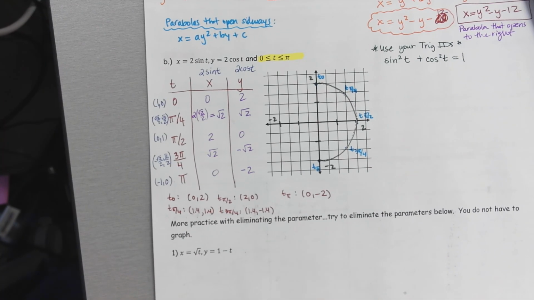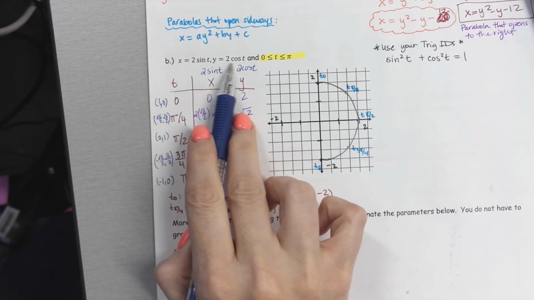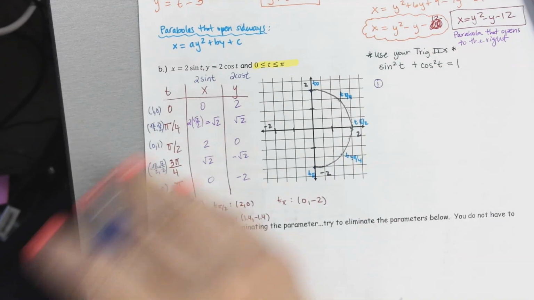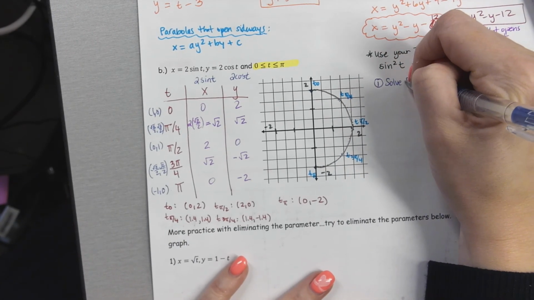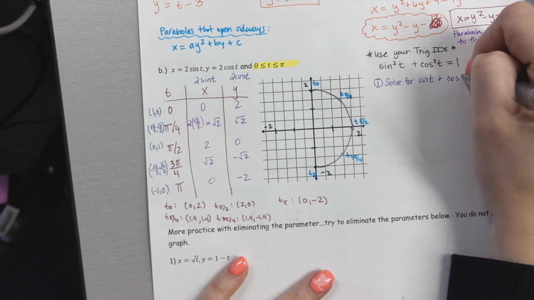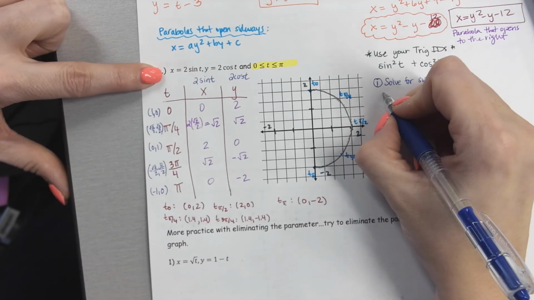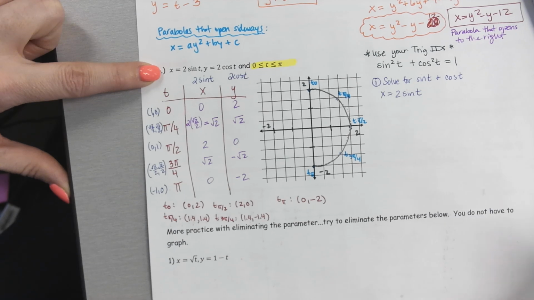Okay, and then what we're going to do is we're going to solve each of these for the sine of t and the cosine of t. So instead of just solving for t, you're solving for the sine of t. And then we'll do substitution. Okay, so we have x equals 2 sine of t.